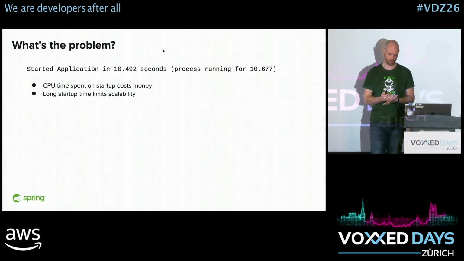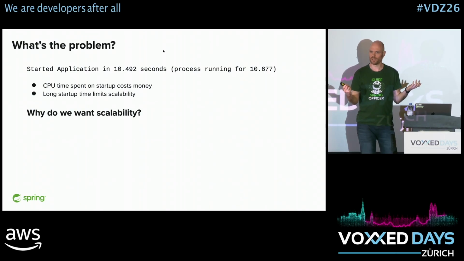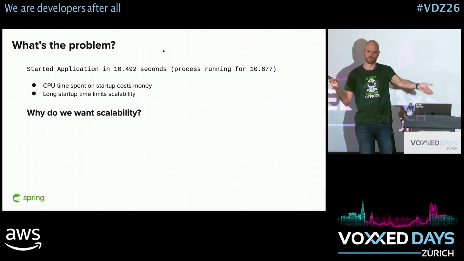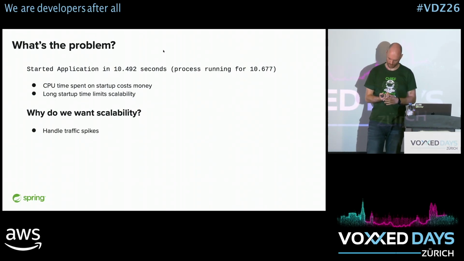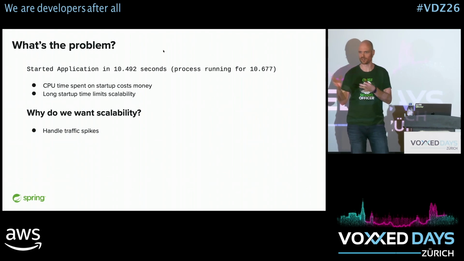And the other problem is that long startup time limits your scalability, right? But why do we want scalability? I mean, I just swapped one motivation for another motivation. So why do we want scalability? One thing is to handle traffic spikes. So you have your application running and it's all good. And then you're featured on whatever, Slashdot, it's not a thing anymore, but Hacker News or whatever.